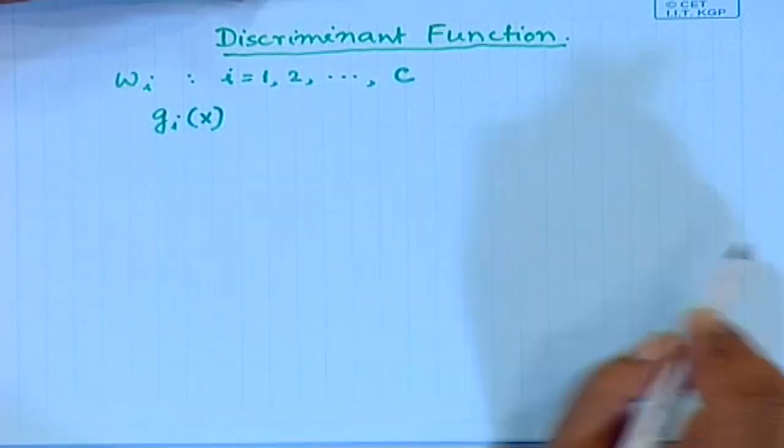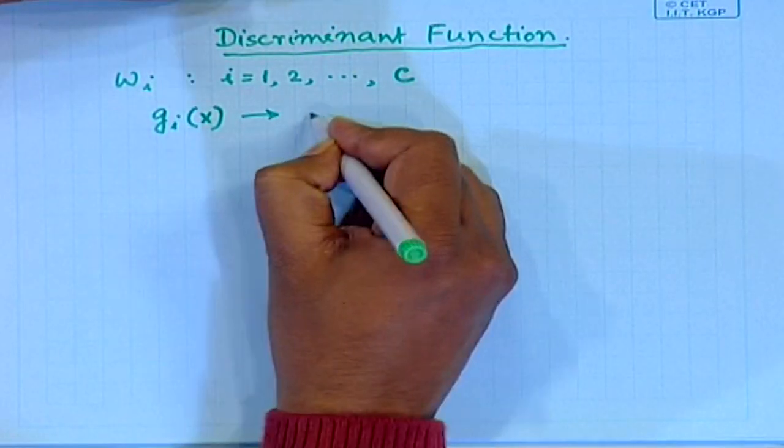So, this g i of x for a feature vector x will be computed for every ith class. And for whichever value of i the g i of x is maximum, we classify x to that particular class omega i. So, this is what we are calling the discriminant function.